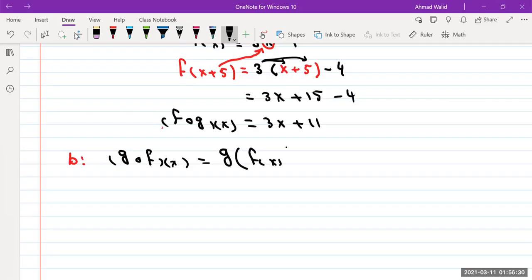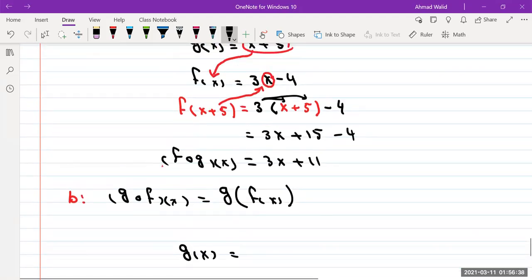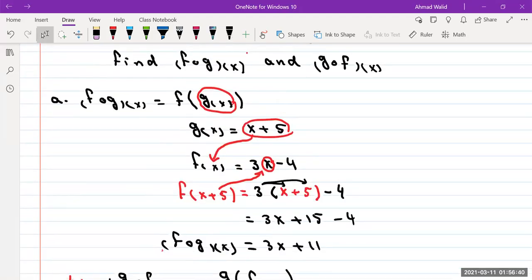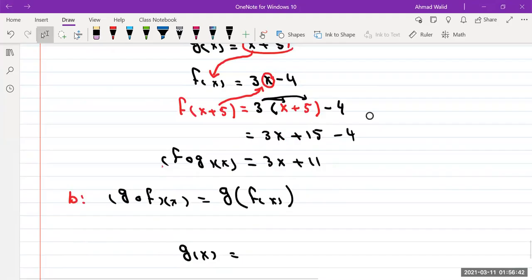It means plug f of x into g. What is function g? Function g of x is equal to x plus 5. And f of x was 3x minus 4.